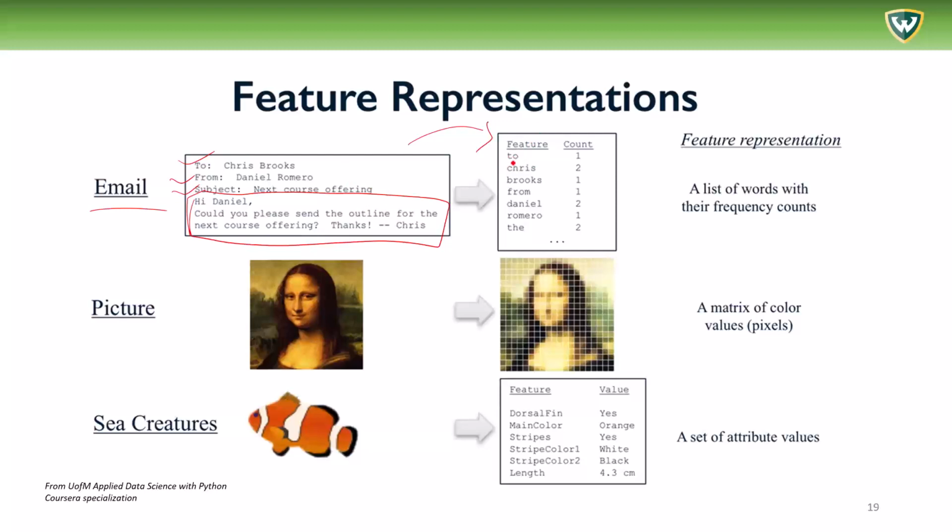So for example, the word to happens one time, the word Chris happens 2 times, the word Brooks happens 1 time, the word from happens 1 time. So that's the feature. There's a column, which sometimes we call feature, the main kind of feature in this data set, but we can have others, like from is also a feature, and this could be the email of the person, and so on.